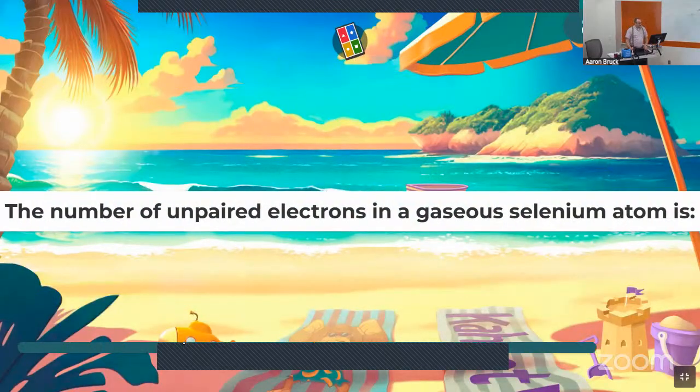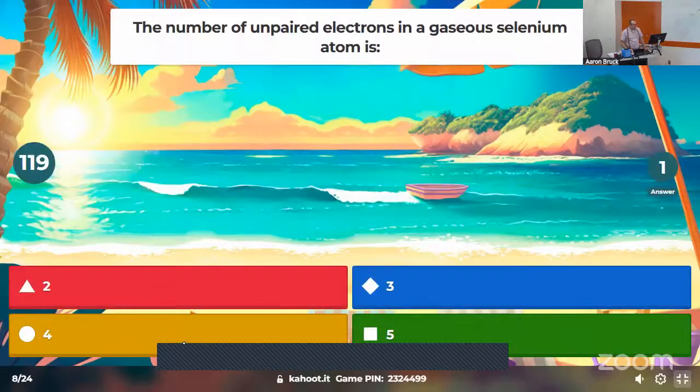The number of unpaired electrons in gaseous selenium is what?